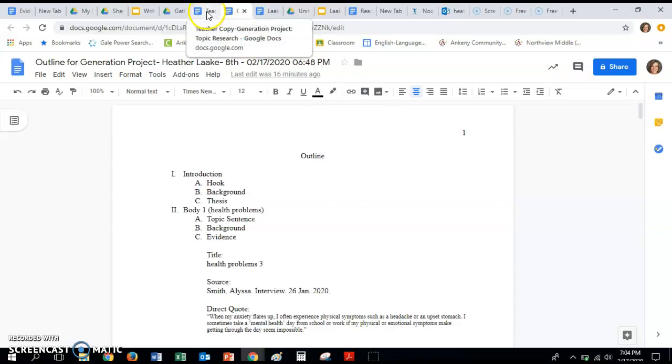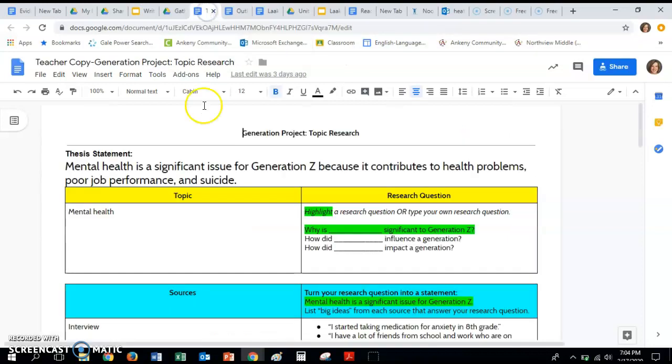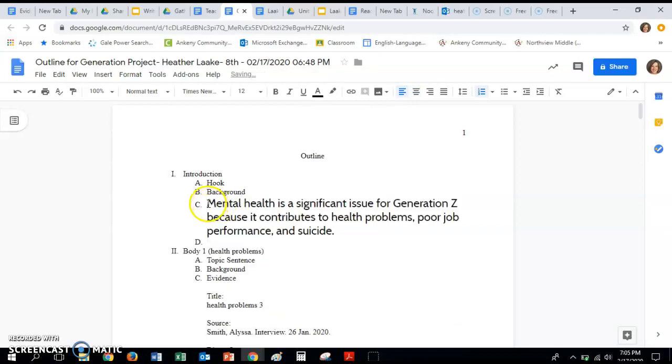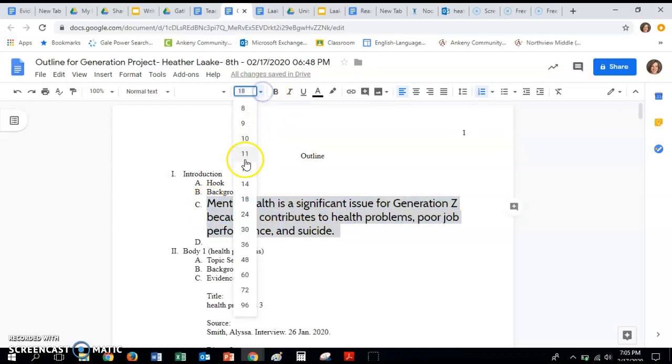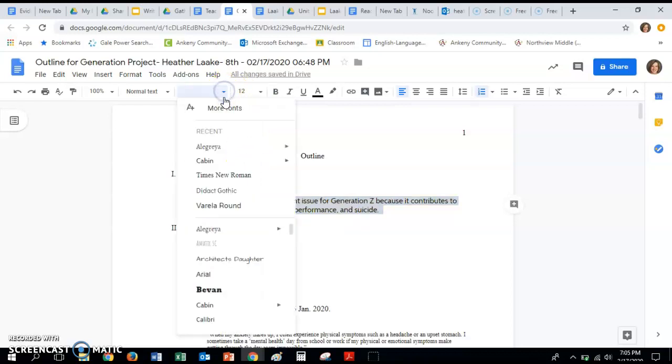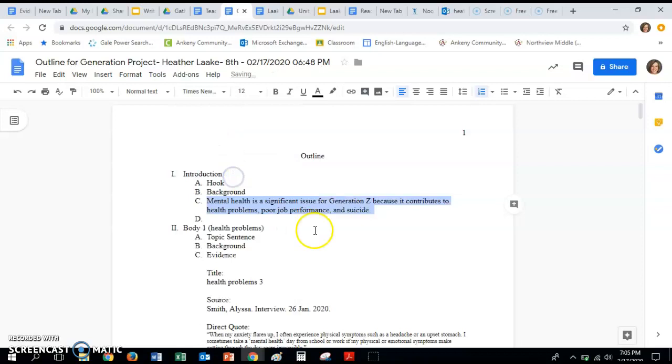I'm going to go to my Generation Project Topic Research document, select my thesis at the top, and press Control C to copy it. Then in my outline I'll delete thesis and press Control V to paste it. That's larger than I need, so I'm going to change the font to size 12 and to Times New Roman.